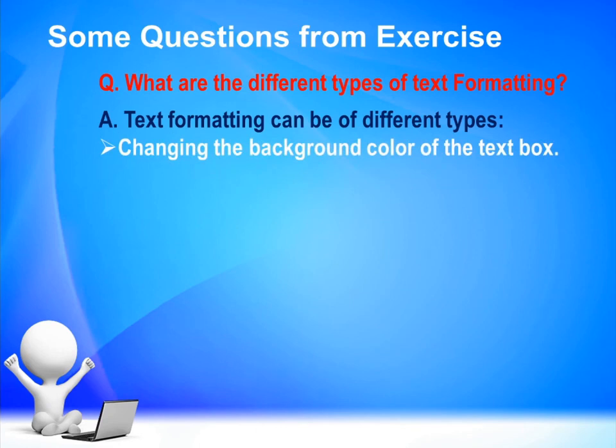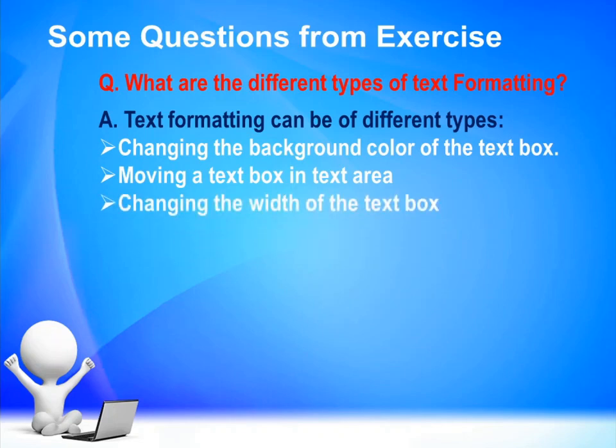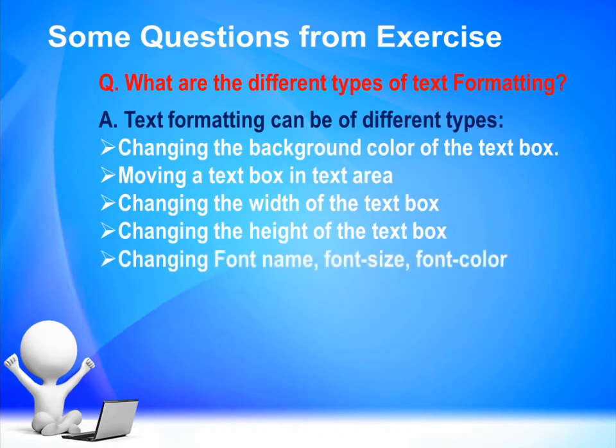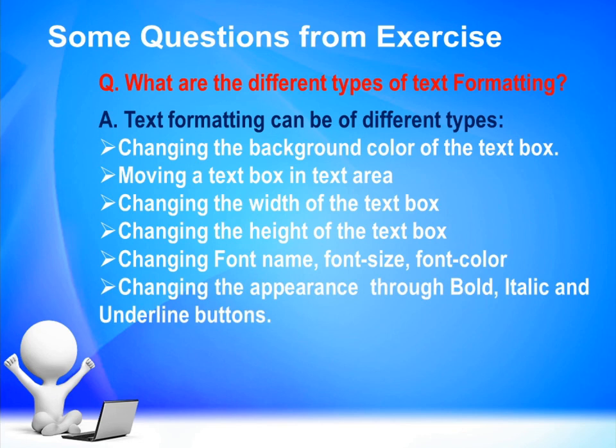Changing the background color of the text box, moving a text box in the text area, changing the width of the text box, changing the height of the text box, changing font name, font size, font color, changing the appearance through bold, italics and underline options.